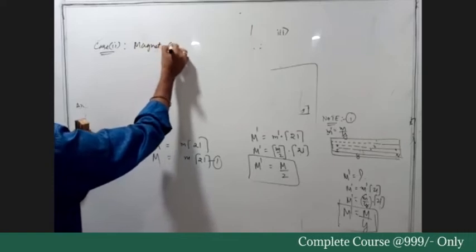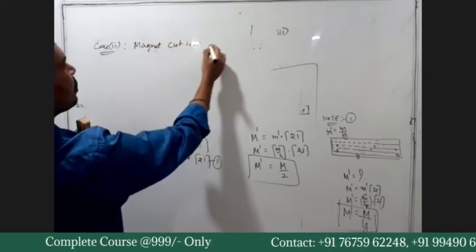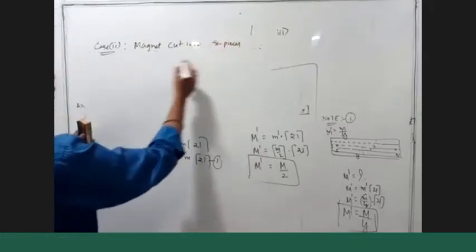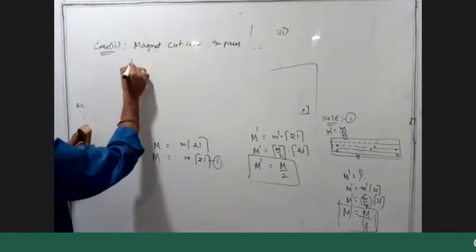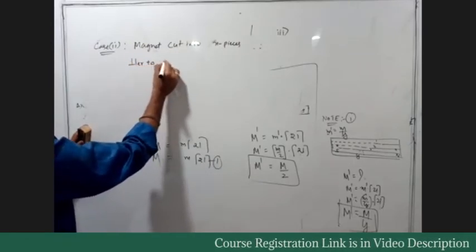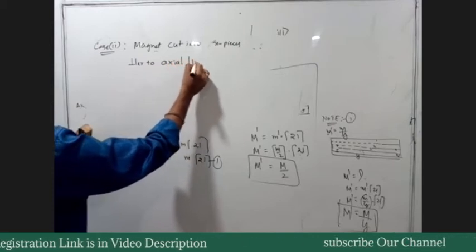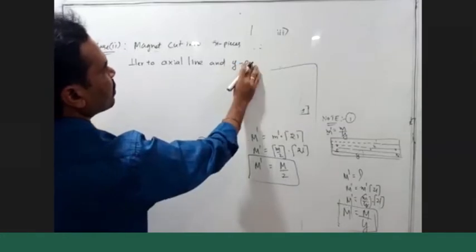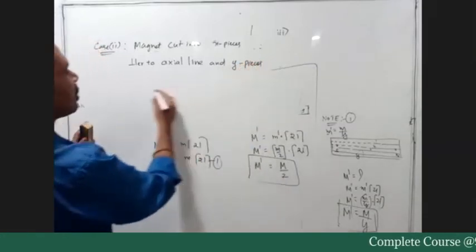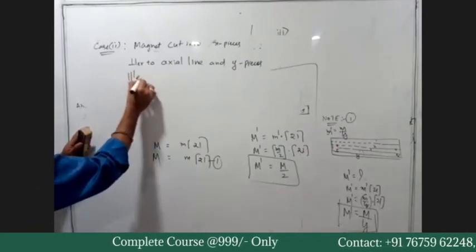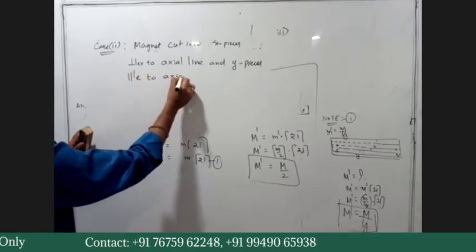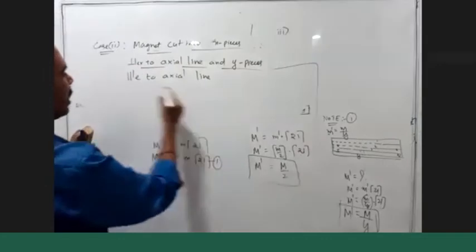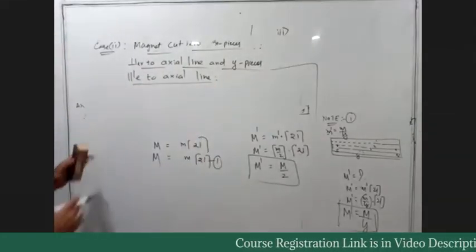The magnet is cut into x pieces perpendicular to the axial line, and y pieces parallel to the axial line.